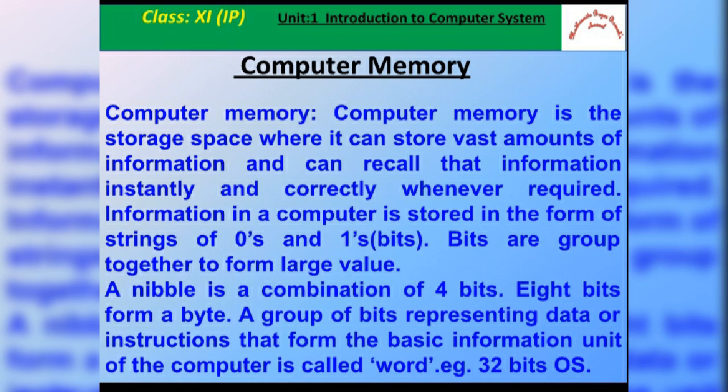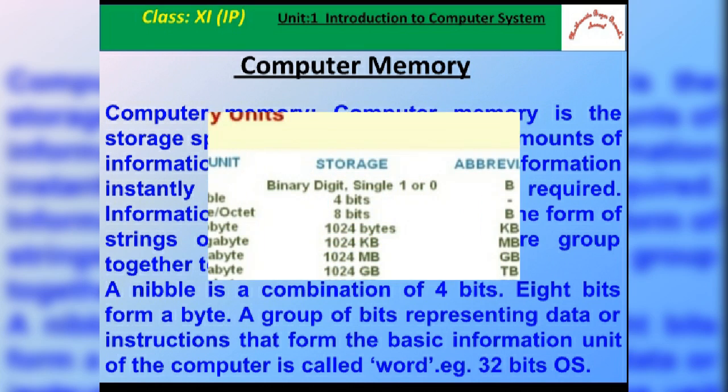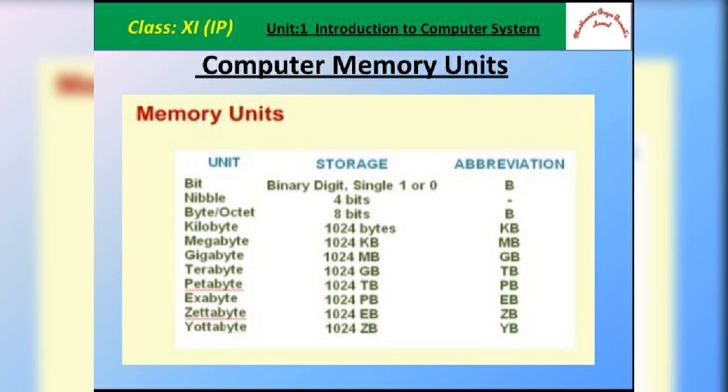Most microprocessor-based computers have 16 to 32 bits, and nowadays we are using 64-bit operating systems. Windows 10 and others are 64-bit operating systems. Depending on the storage capacity of the computer, it becomes a powerful computer.